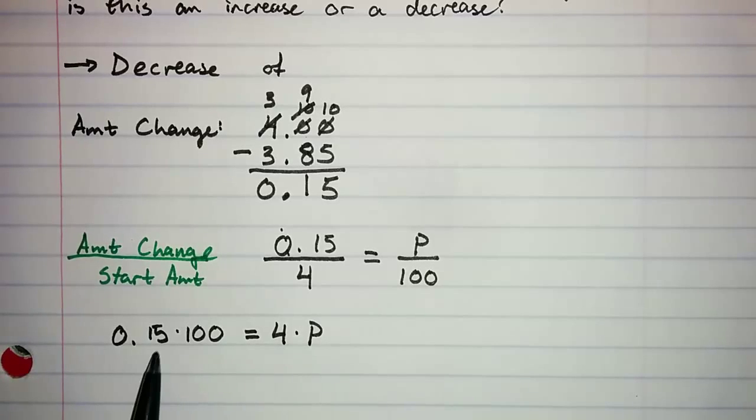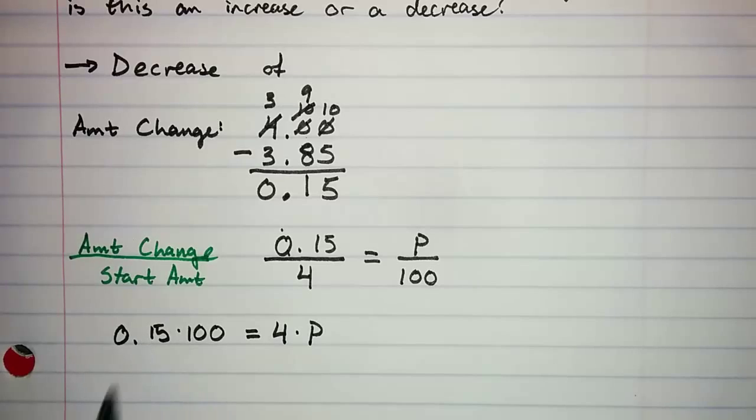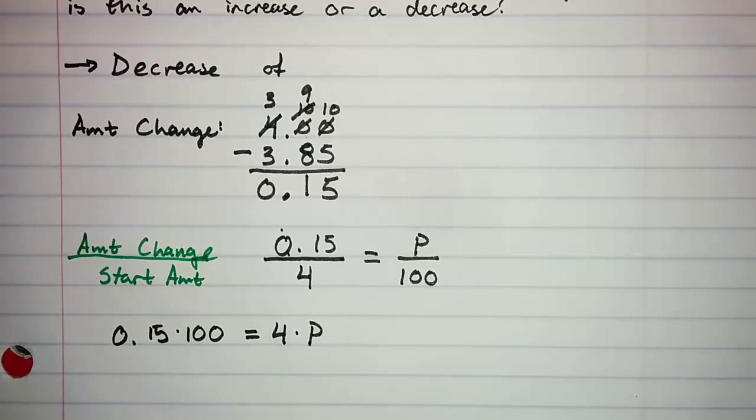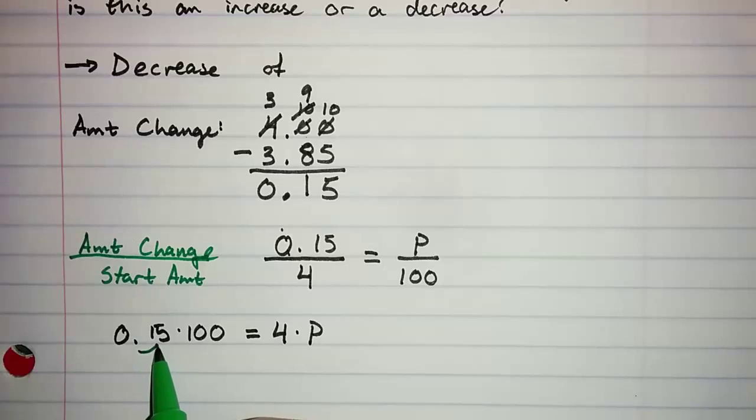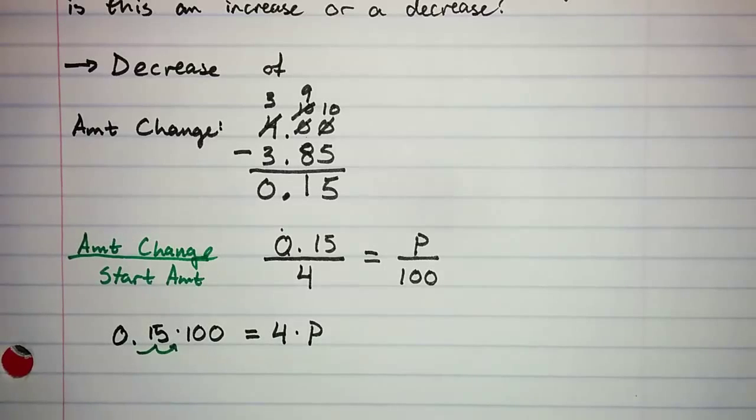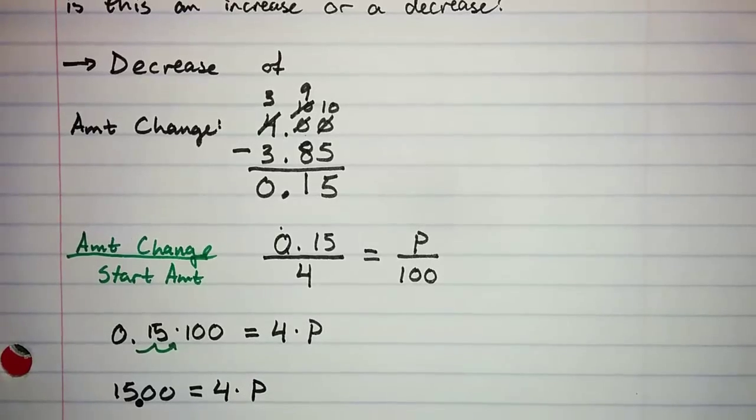We can either think move the decimal point 2 places to the right, or we can think ignore the decimal point and multiply, and then place the decimal point so there are 2 digits to its right. Either way, we get 15 is 4 times our unknown percent change.